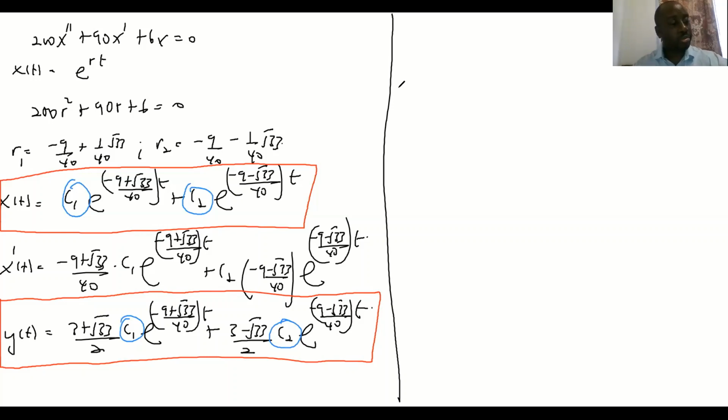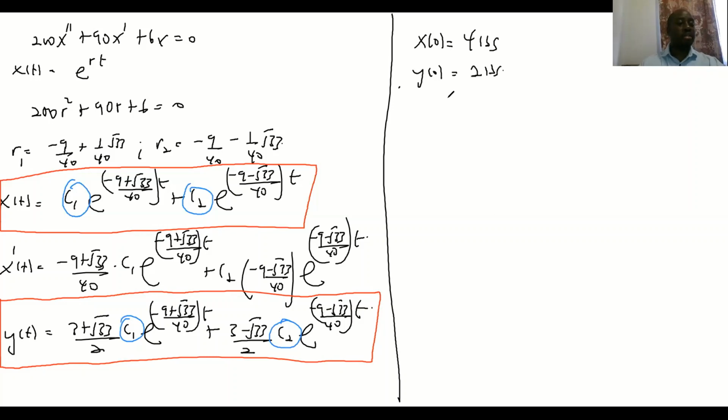So let's assume that the amount of salt initially in tank 1 is 4 pounds, and that the amount of salt initially in tank 2 is 2 pounds.